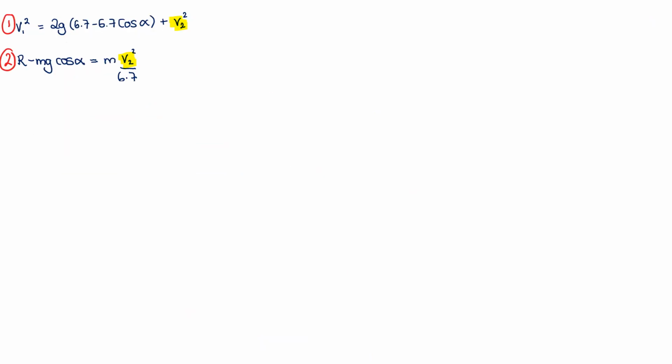So just clearing the screen to give us a little bit more space. So I'm actually going to leave the square here because we're going to need that when we sub it back in. So this becomes v1 squared minus 2g times 6.7 minus 6.7 cos alpha.